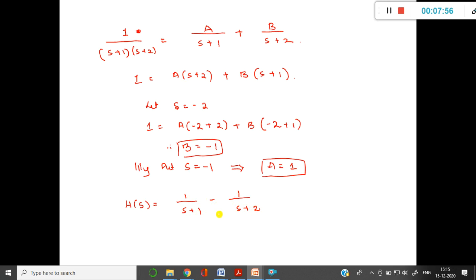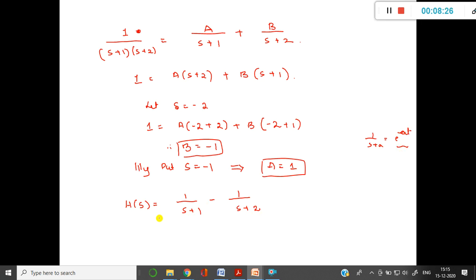I don't have an inverse Laplace transform for 1 divided by s into (s plus 1) into (s plus 2). But I have an inverse Laplace transform for the form 1 divided by (s plus a), which is e to the power of minus a t, the standard inverse Laplace transform, right? That's what we derived in the last class.